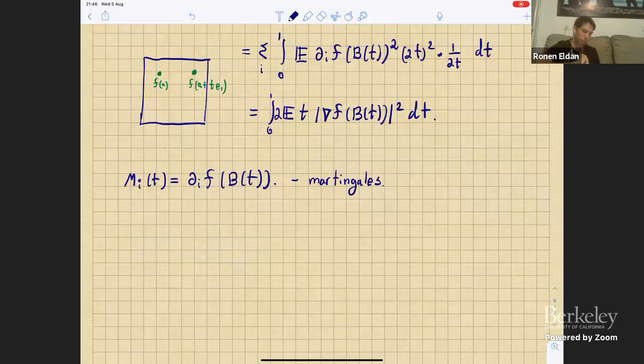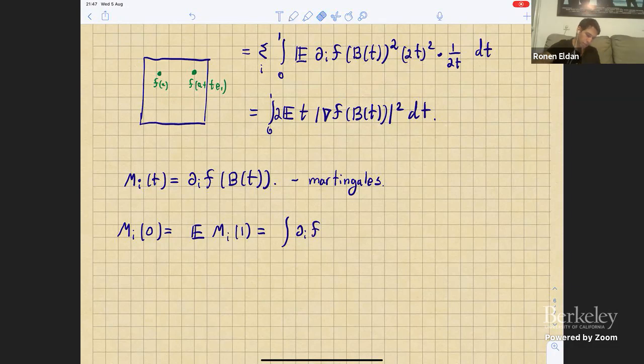What I am going to try to convince you is the following. First of all, note that m_i at time 0 is just the expectation. Since it's a martingale, it's the expectation of m_i at time 1, which is just the average of the gradient of f at time 1.